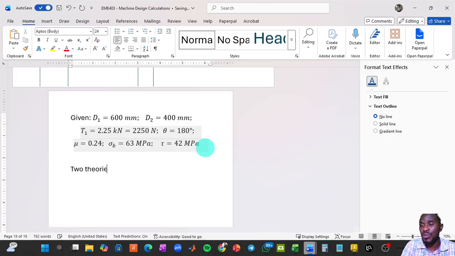Then we'll select which of them gives us the biggest diameter and work with that. We have Guest's theory, which is the maximum shear stress theory, and Rankine's theory.